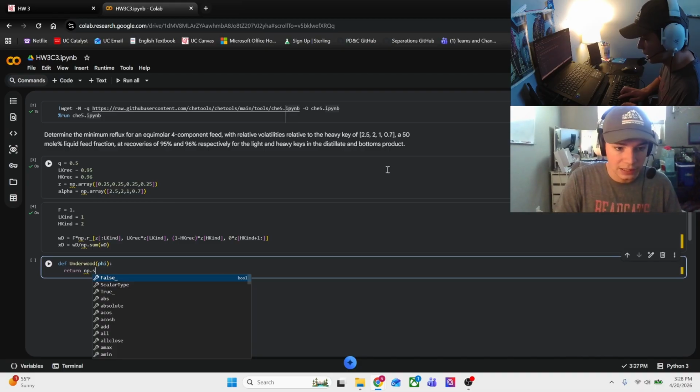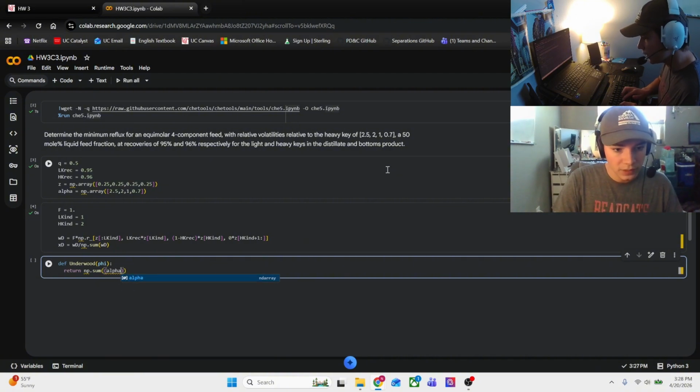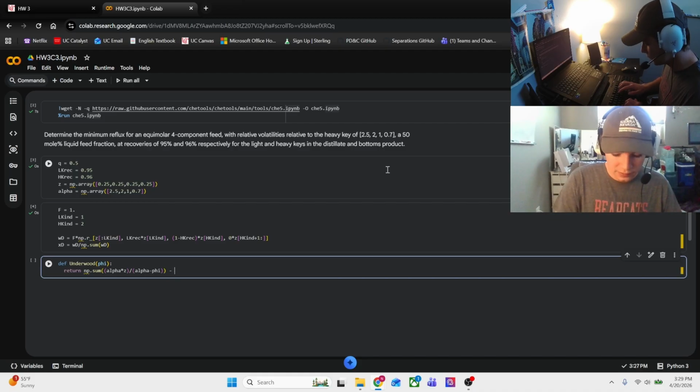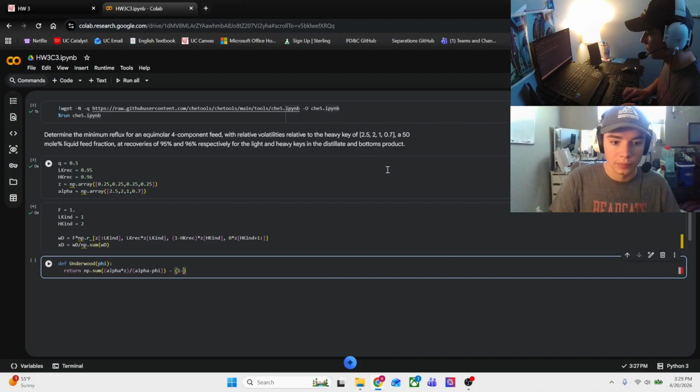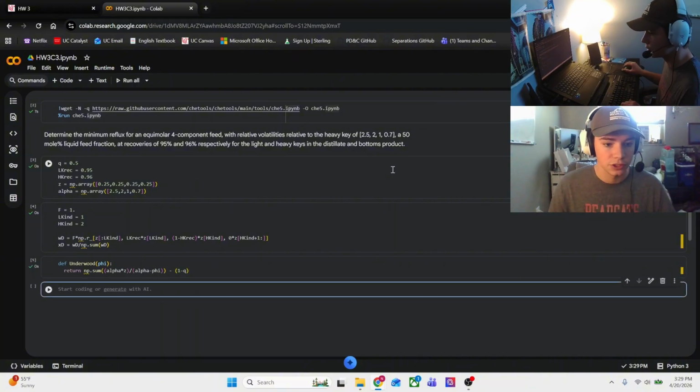Return np.sum of alpha times our z value divided by our alpha minus our phi value. We're going to subtract all that 1 minus our q, which gives us our Underwood function. So we can shift enter there.